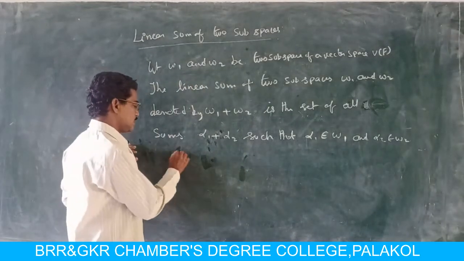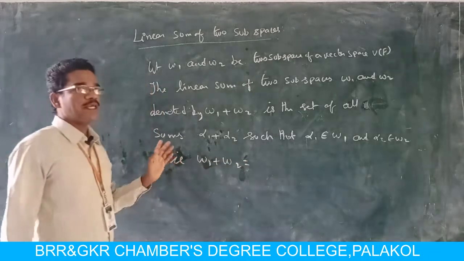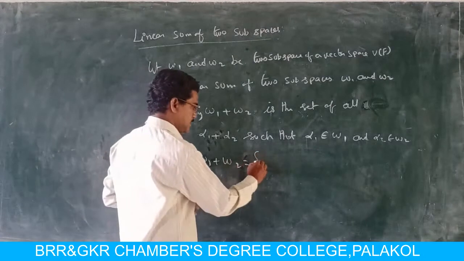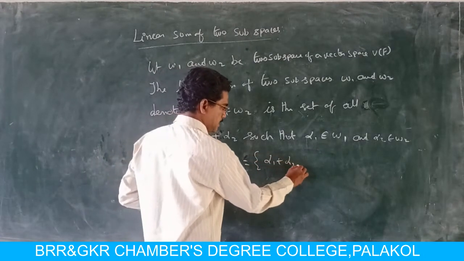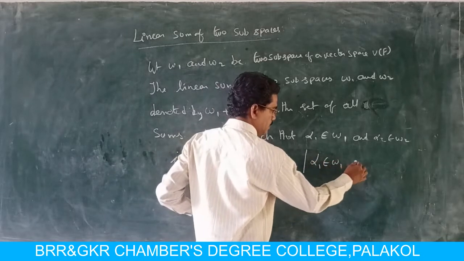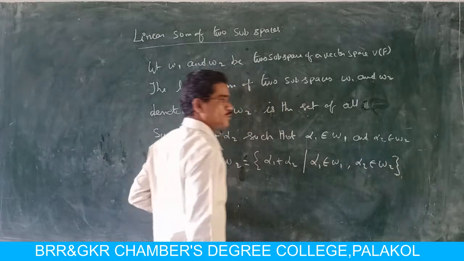That is, W1 plus W2, the linear sum of two subspaces, equals the set of alpha 1 plus alpha 2 such that alpha 1 belongs to W1 and alpha 2 belongs to W2.